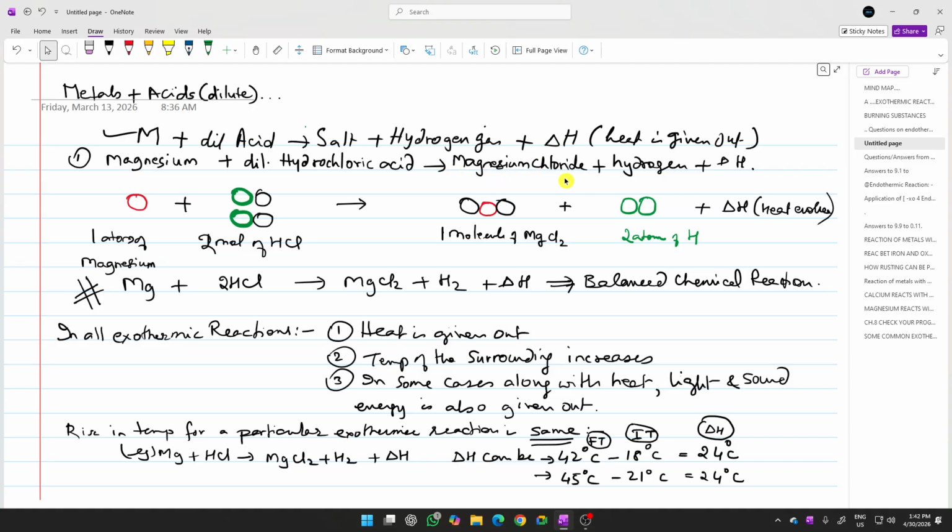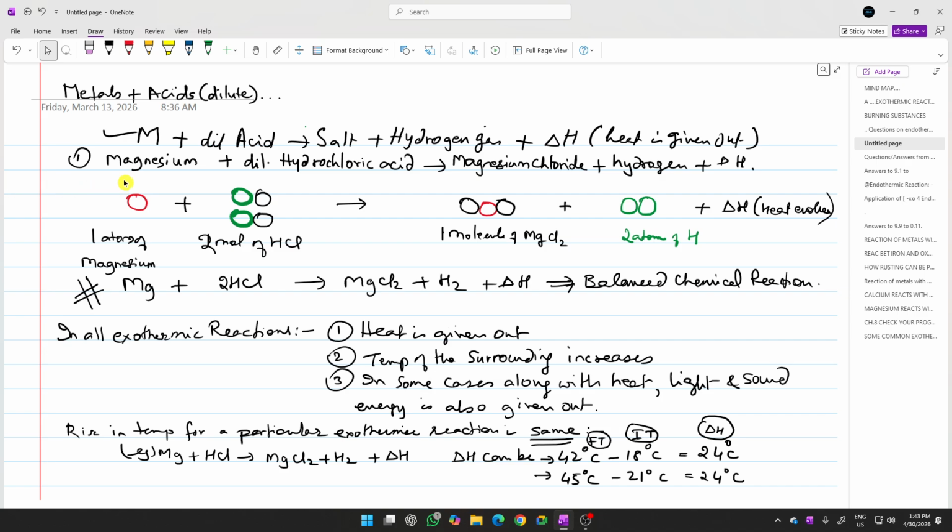Salt is a general name. Magnesium chloride is the salt formed when magnesium reacts with hydrochloric acid. Of course, hydrogen gas is also formed. This is a chemical reaction in which heat is evolved or given out, so I'll write plus delta H also at the end.